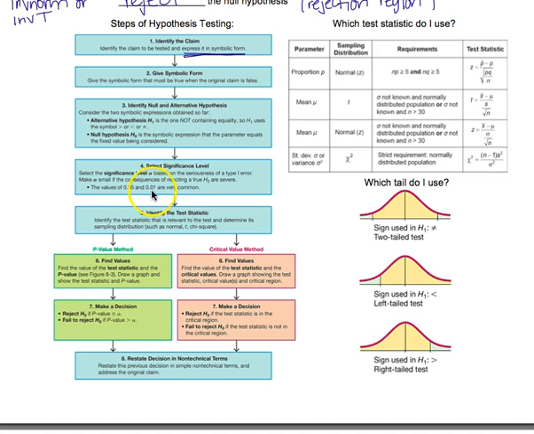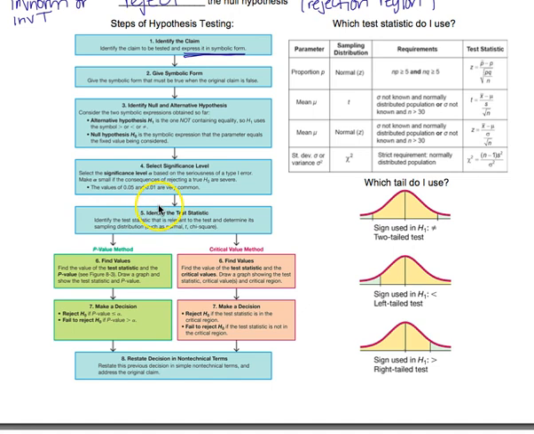So they're going to have, like, a 0.01. 0.05 and 0.01 are the most common. Sometimes you see a 0.1, but that hypothesis testing is a little more lax. So since it's not as stringent, it's not going to be as accurate.